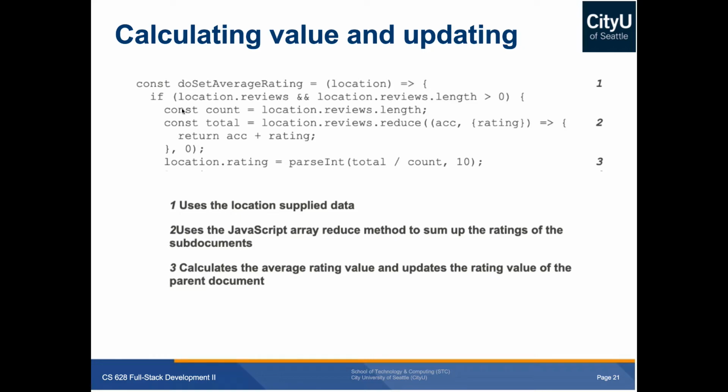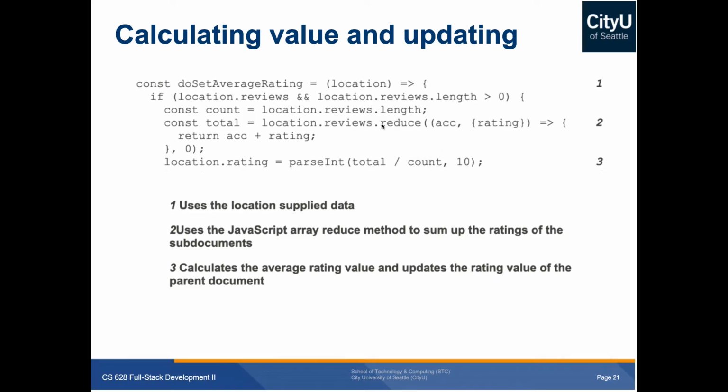Then let's do a location.reviews.length, the number of reviews, and assign that to count. And now let's count the total. How? Let's now do a location.reviews. We access the reviews array, and we now want to do a reduce function or method.